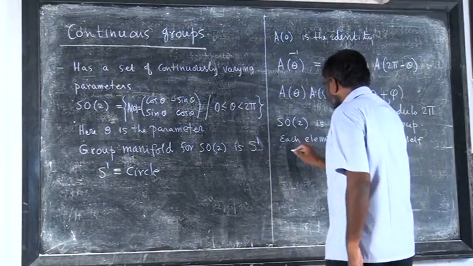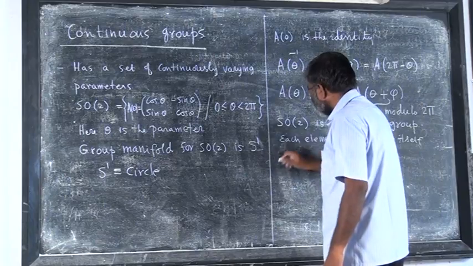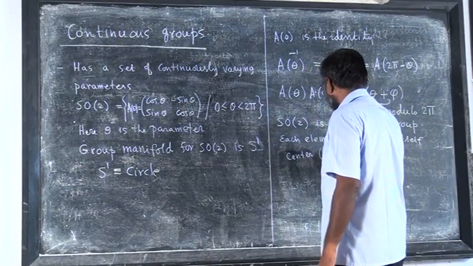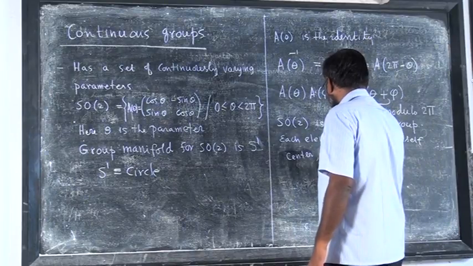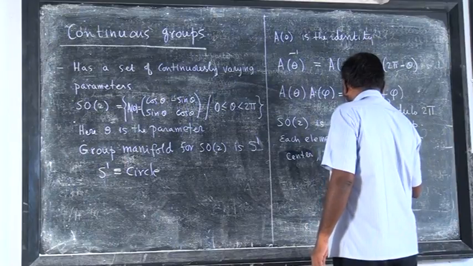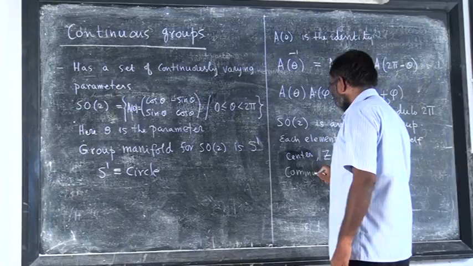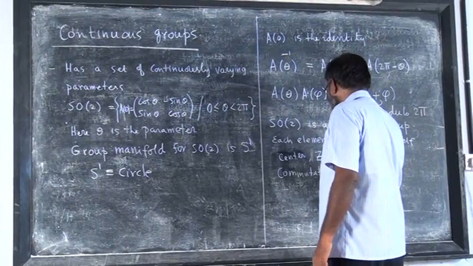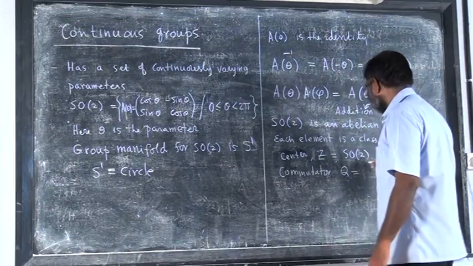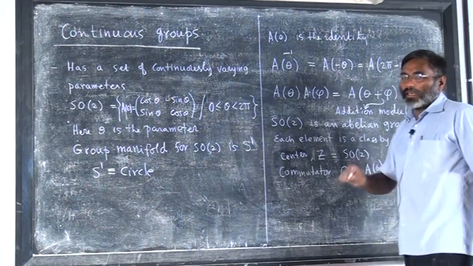What is the center of this group? Entire group is the center because this is an abelian group. What is the commutator? Commutator group is only the identity.